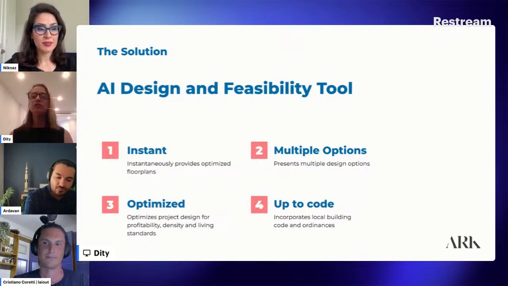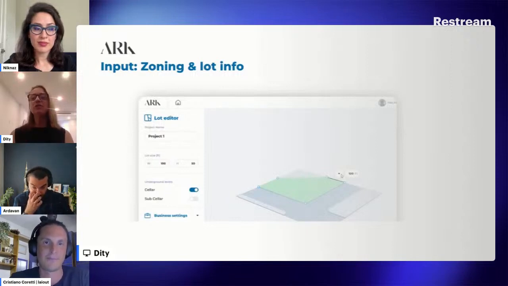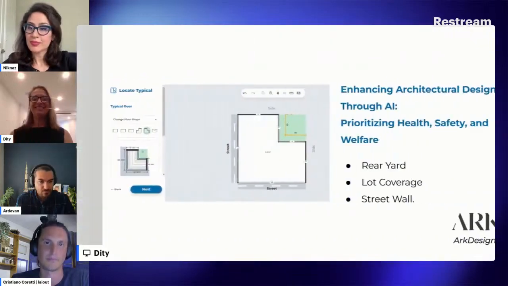So what we're trying to do is something very instant that can give the developer and architect many design options, optimized and up to code, same as Cristiano was talking about before. So in our product, the zoning of a place is actually the input. And then the software will generate the layouts in a very short process.